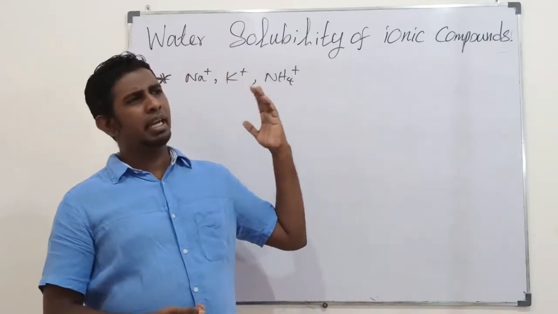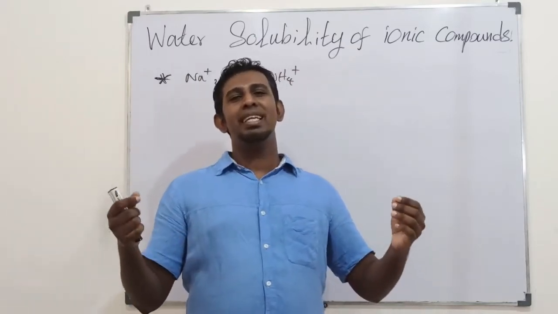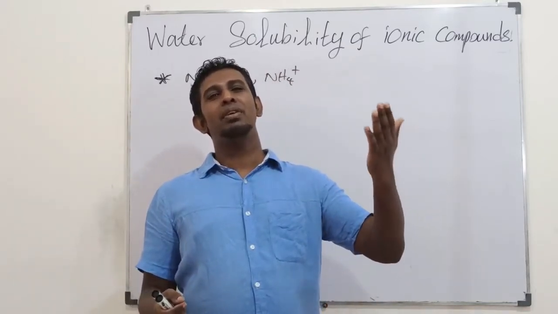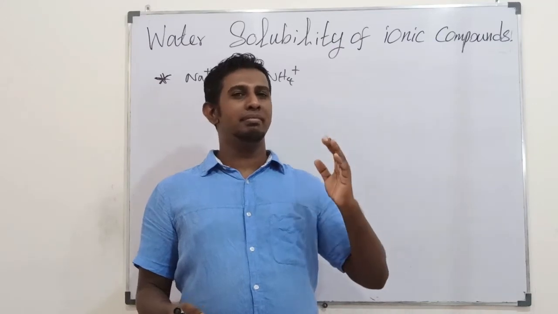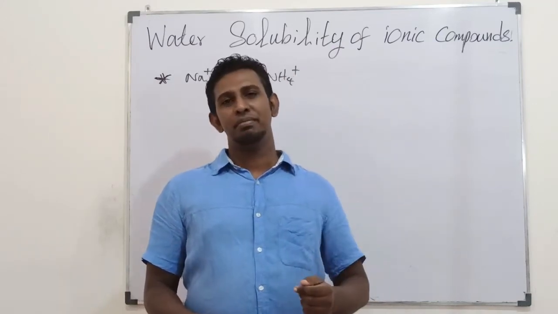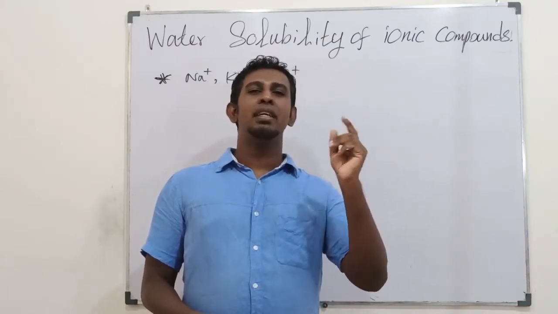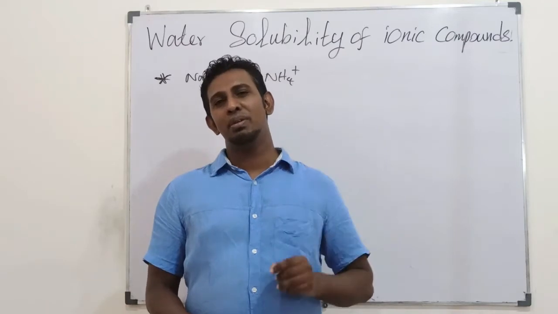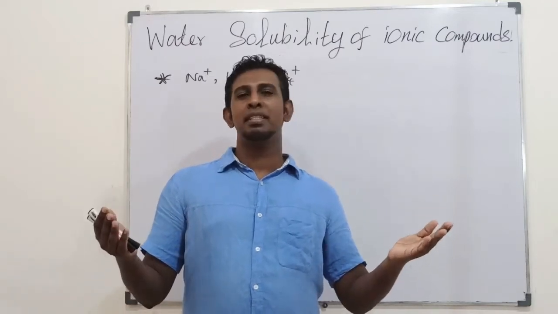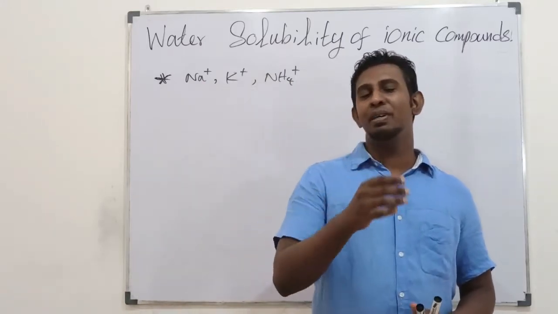It has sodium, therefore it could be water soluble. See how easy? You could easily say whether it's water soluble or not. In sodium, it's water soluble. In potassium, it's water soluble. So having these cations within a substance, it would become water soluble. In general, substances having sodium, potassium, ammonium are water soluble.